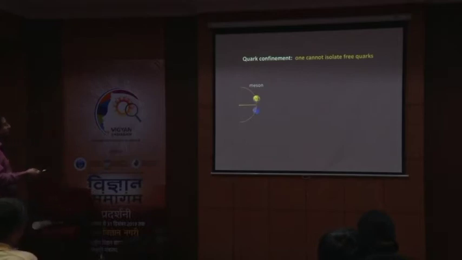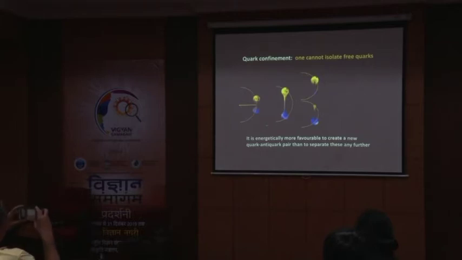For example, in the meson, this happens because of color, really some kind of color charge that we are talking about. I think Sanjeev was talking about it earlier. Any meson or hadron is a colorless object, but the quarks carry color.